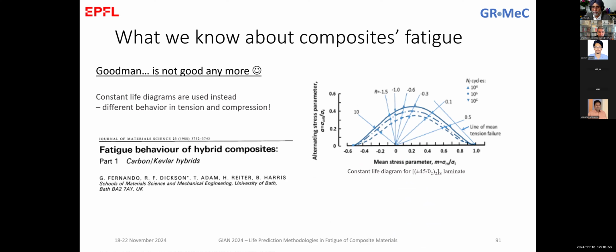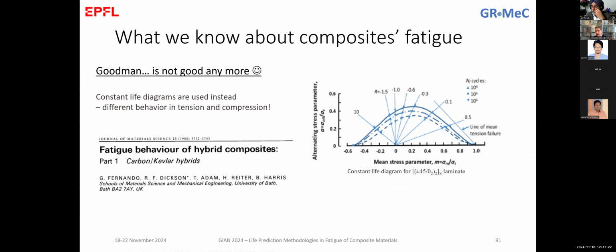So the other point that we've seen that is related to the usefulness of Goodman is that for composites, we have different behavior in tension and compression. We know already that composite materials are better in tension than in compression because of buckling that happens when we have compressive loads.